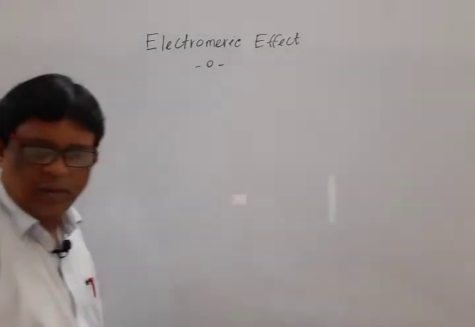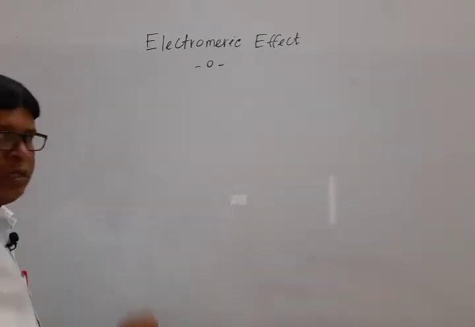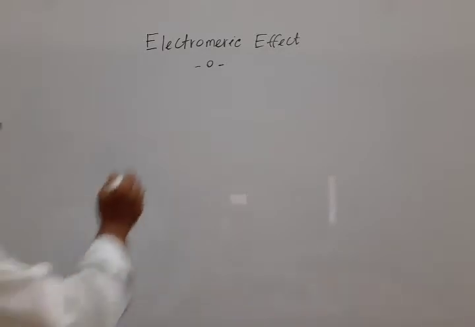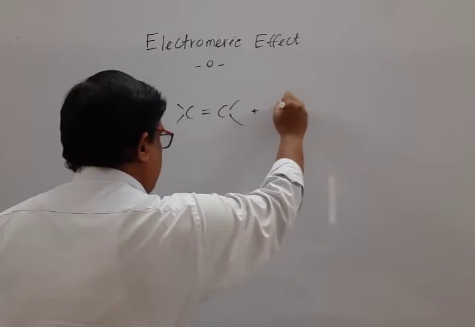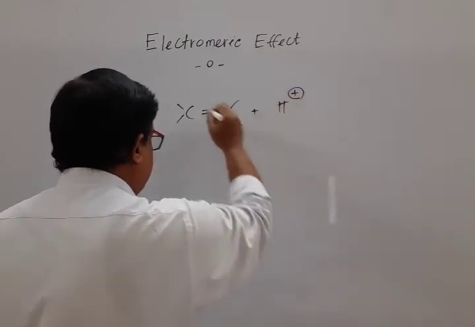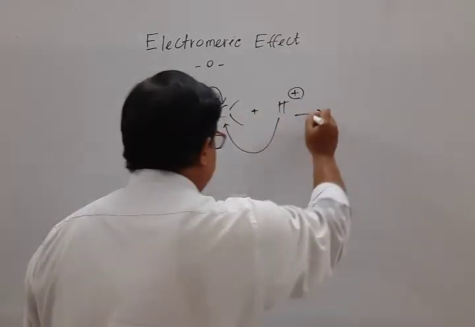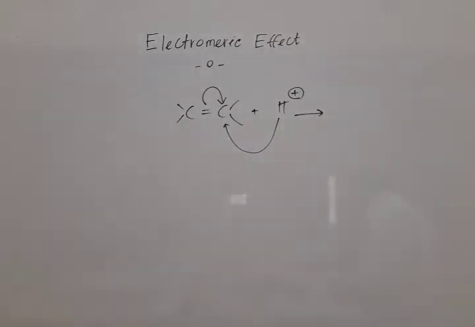First we discuss one example of plus E effect. Mark that, if we select the approach of a proton, then there is the formation of a carbocation.